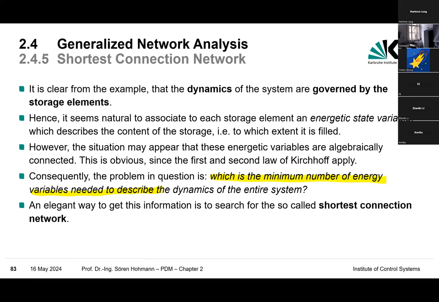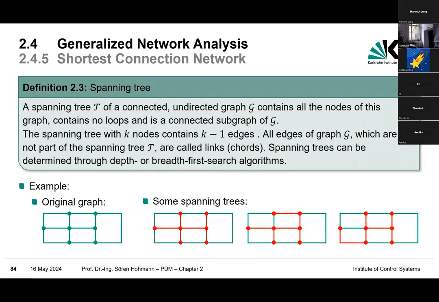This is the so-called shortest connection network that we want to construct next, and we need some abstract notation first. It's called the spanning tree. A spanning tree of a connected undirected graph contains all the nodes of this graph, contains no loop, and is a connected subgraph of G. The spanning tree with k nodes contains k minus 1 edges.